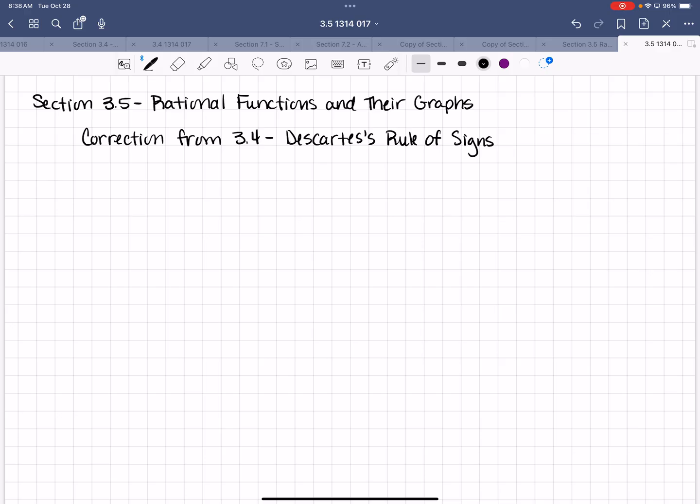The problems that you had, it said determine the numbers of positive and negative real zeros, okay?